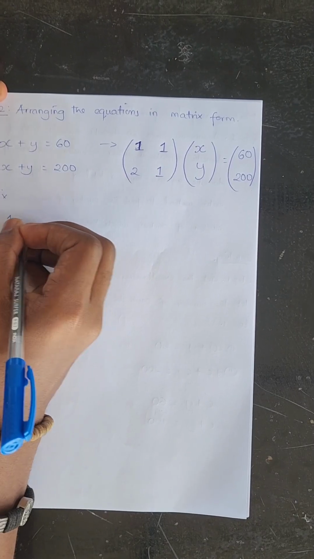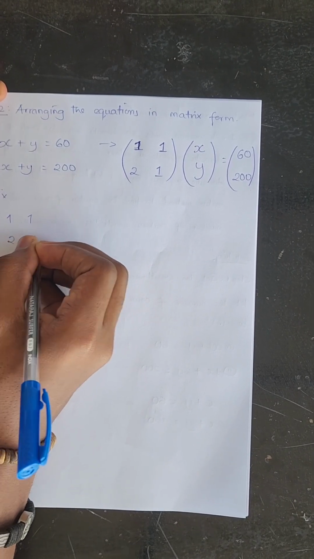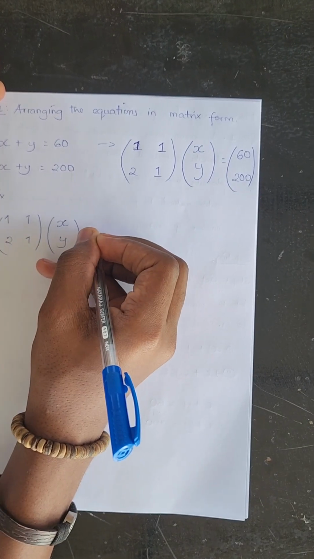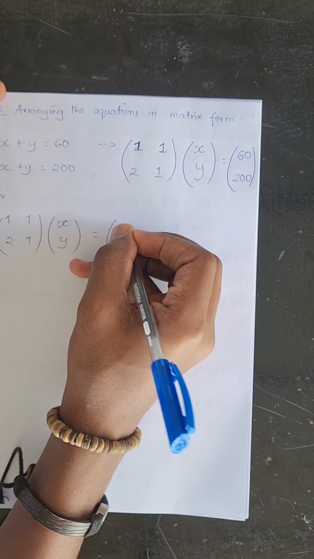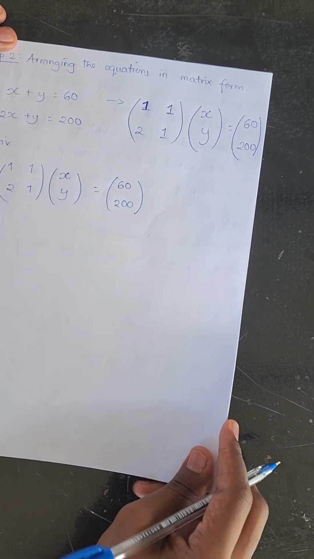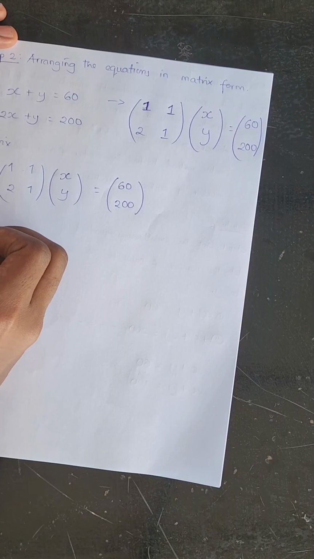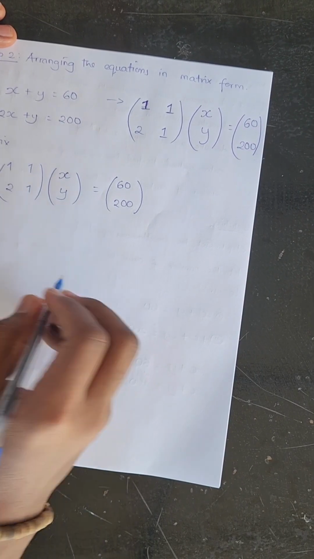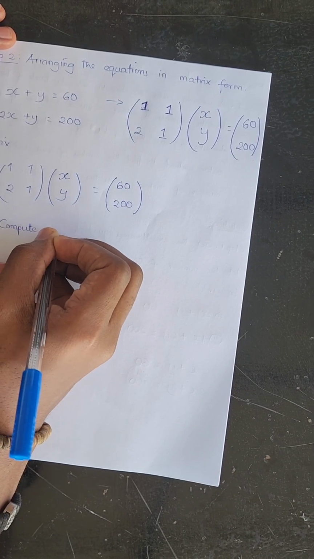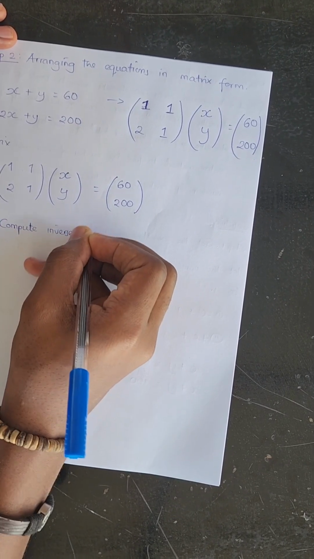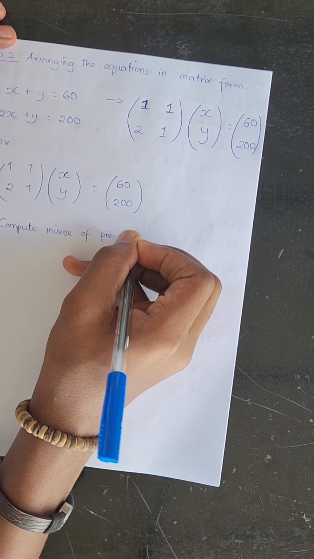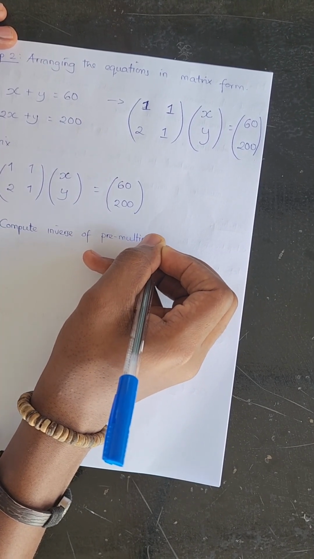Okay, so our matrix is now 1, 1, 2, 1, times x, y, equals 60, 200. Okay, now step number 3, compute the inverse of the pre-multiplier.